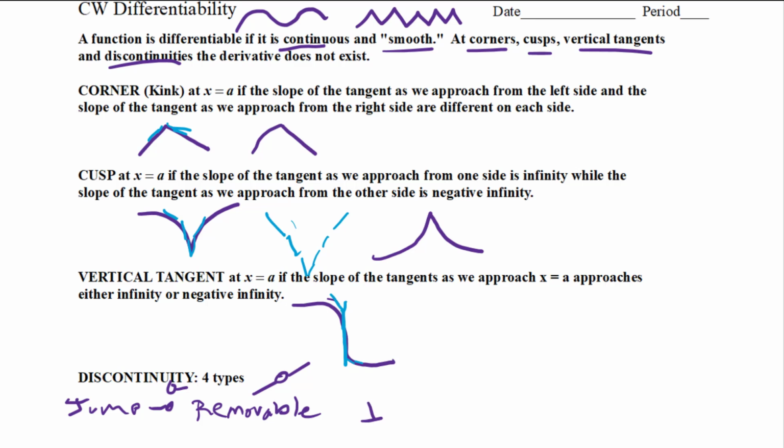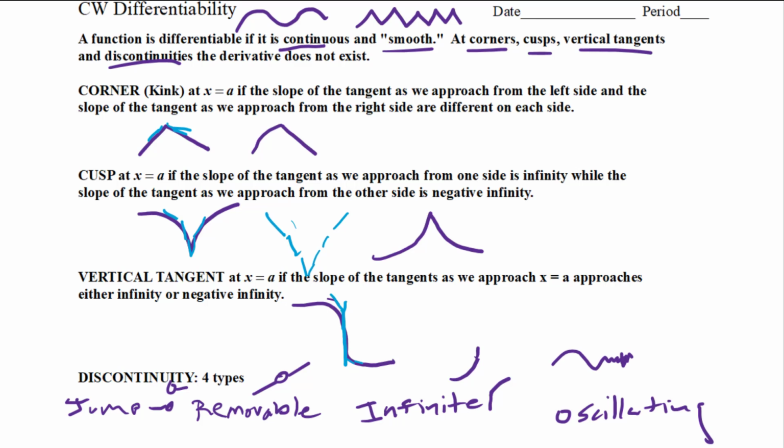And then we have the infinite, which means we have a vertical asymptote, something maybe like this. And then we have the oscillating, which sine of 1 over x is an example. So it kind of waves back and forth, and then it gets really crazy. And this place where it gets crazy is the oscillating discontinuity.